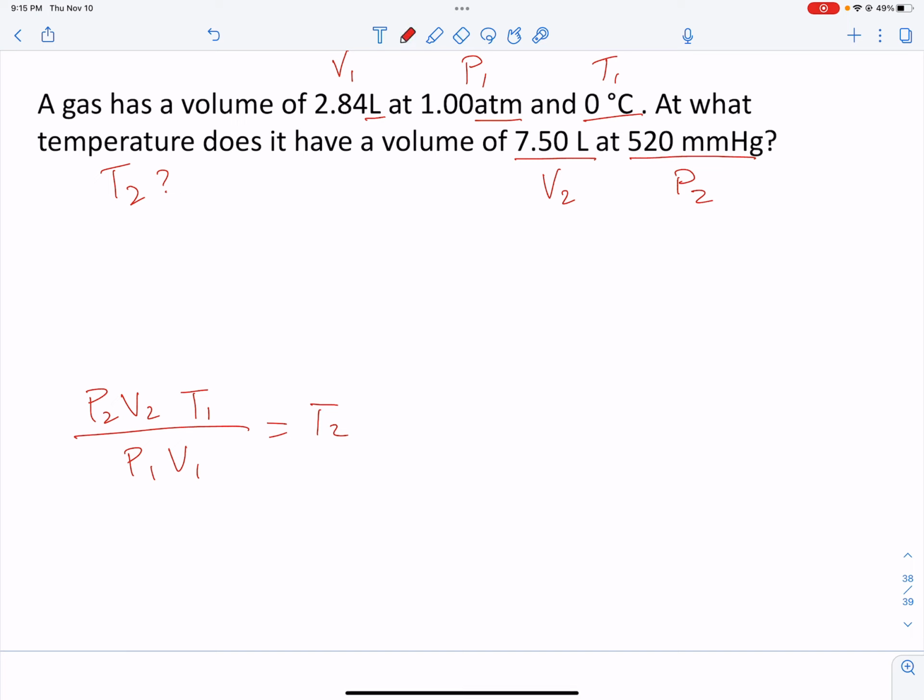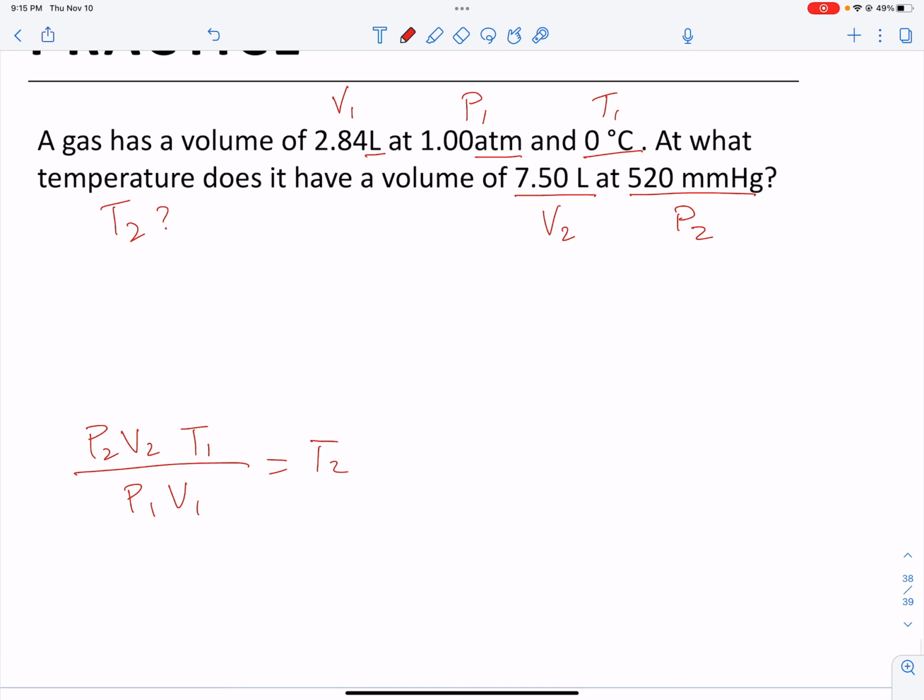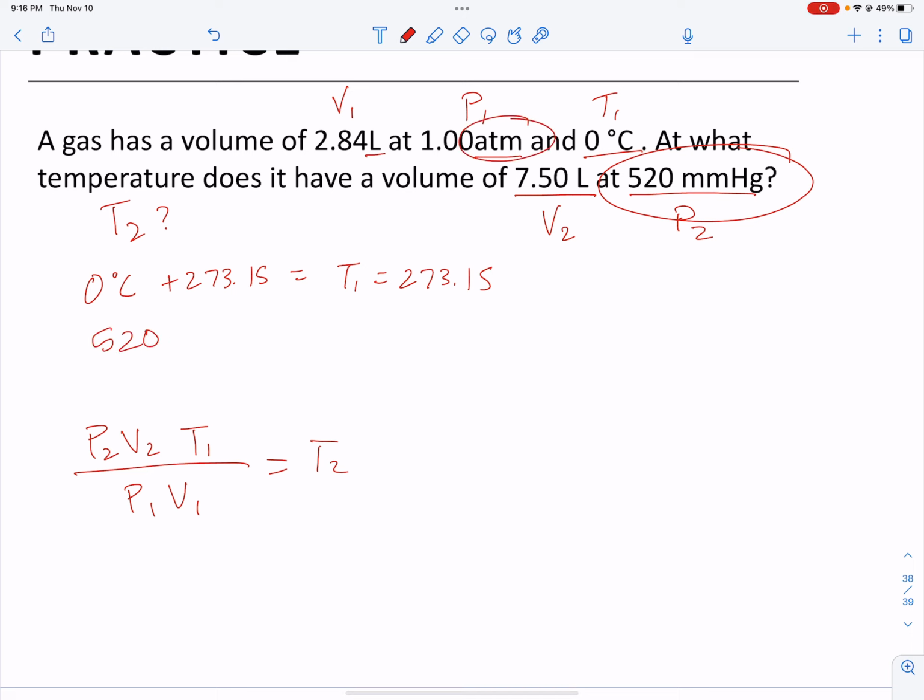Now, before we can just plug everything in, remember you always have to make sure that your units for volume and pressure match and that your temperature is in Kelvin. So our first temperature is not in Kelvin, so I'm going to take 0 degrees Celsius, add 273.15, and T1 is going to be equal to 273.15, so I'll plug that in a minute. Secondly, our second pressure here does not match units of atm. So we're going to convert 520 millimeters mercury to atm.